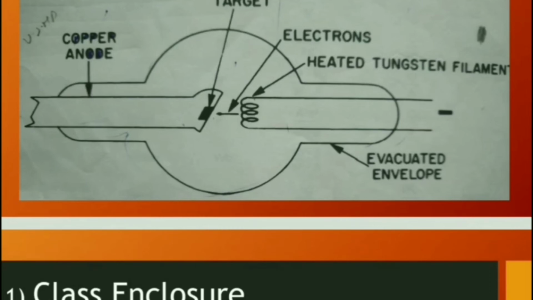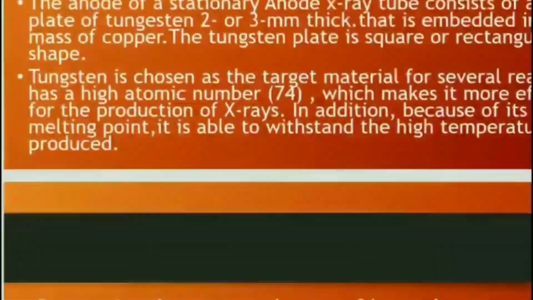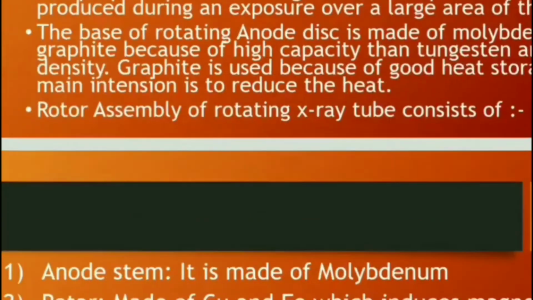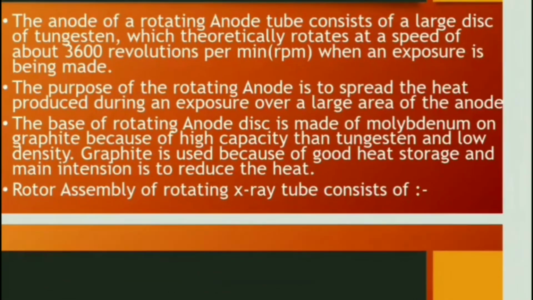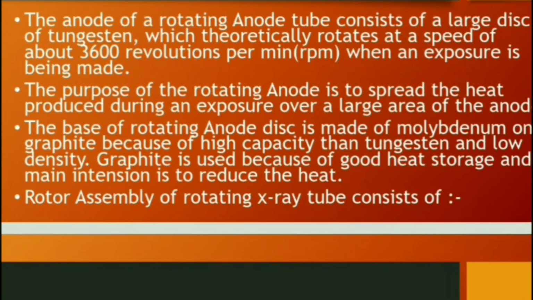All right, now let's move towards the rotating anode. When we talk of the rotating anode, it consists of a large disc of tungsten which rotates at a speed of about 3600 revolutions per minute, short form RPM, when an exposure is being made.